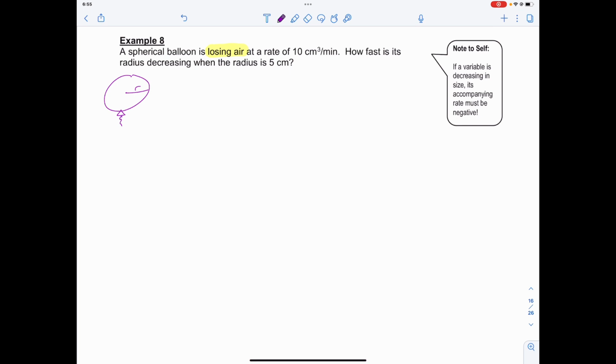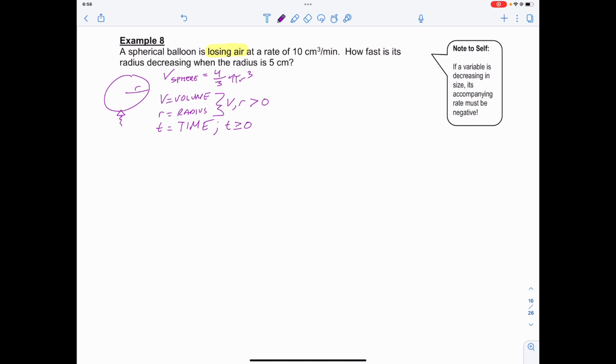And I know that the volume of the sphere is equal to 4 over 3 pi r cubed, where V is the volume, R is the radius, and T is time. And V and R have to be greater than 0. T has to be greater than or equal to 0.